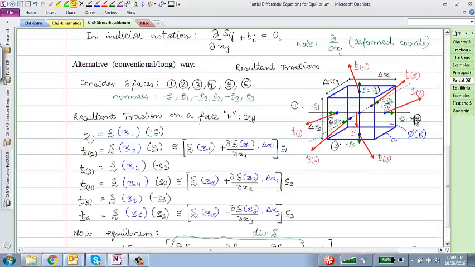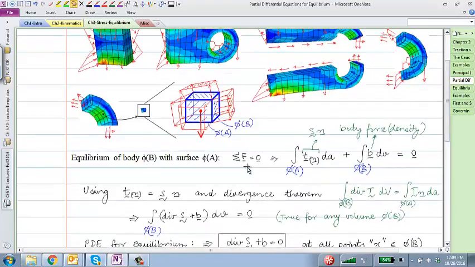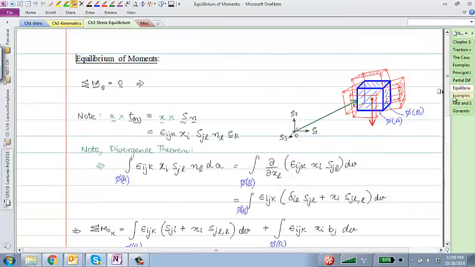Very similar to this that we wrote up here. This was the equation that we wrote for sum of forces equal to 0 for the same free body diagram. What I'm asking you to do now is to write the sum of moments equal to 0 for that same free body diagram. Note, this is a finite sized body, not an infinitesimal body.